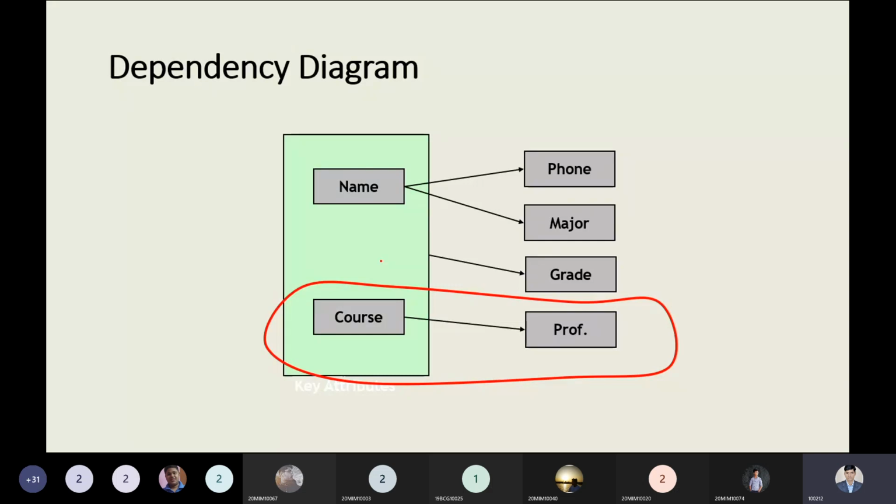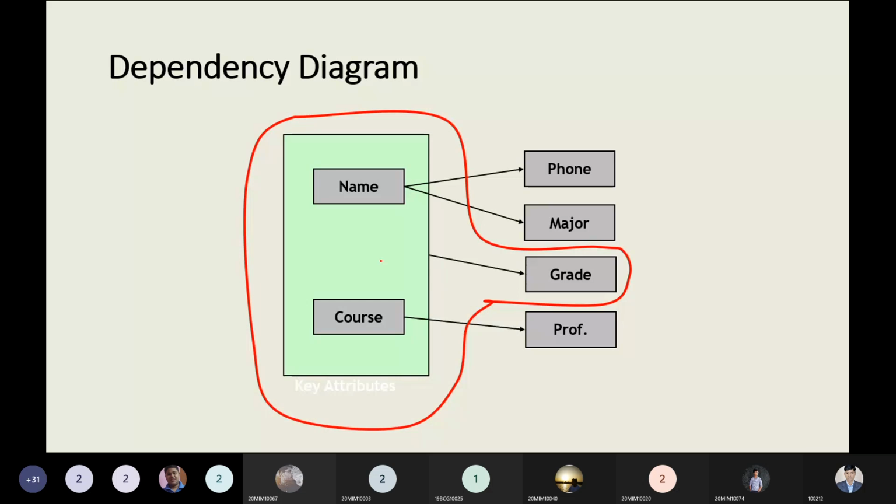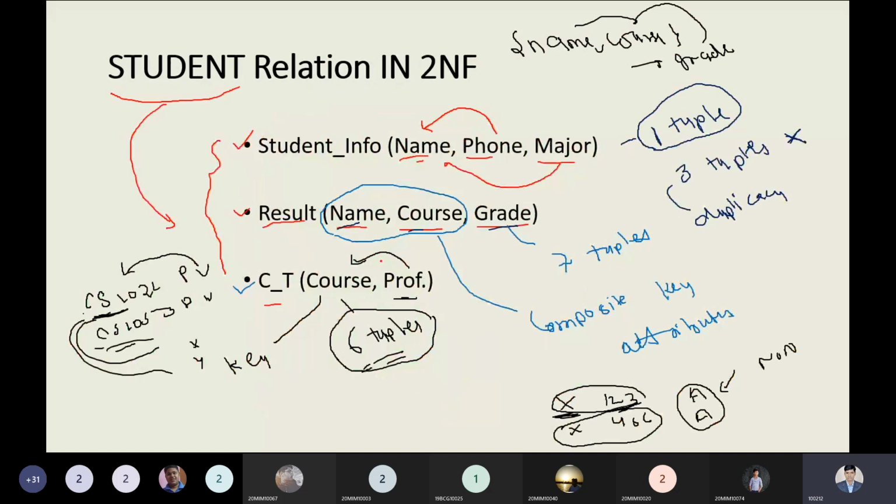After this, we can also keep the grade: name, course, and grade could be another relation. So here we are finding three different relations: one belongs to name, phone number, major; another to course, professor; and the next to name, course and grade. So decomposition can be done at this level.